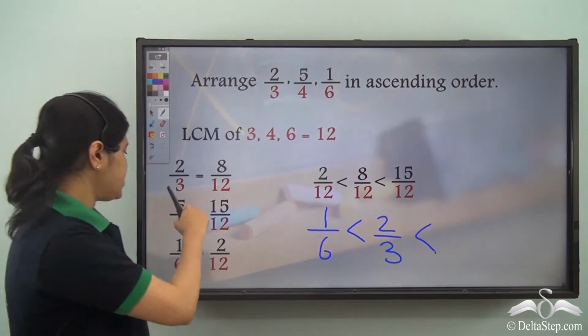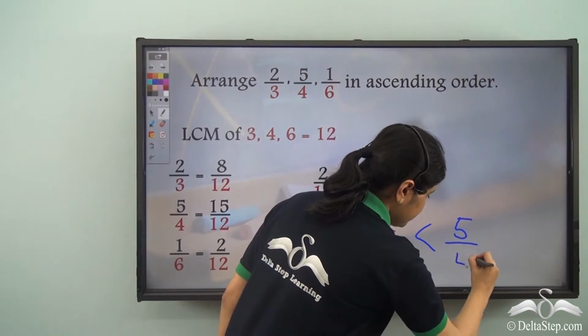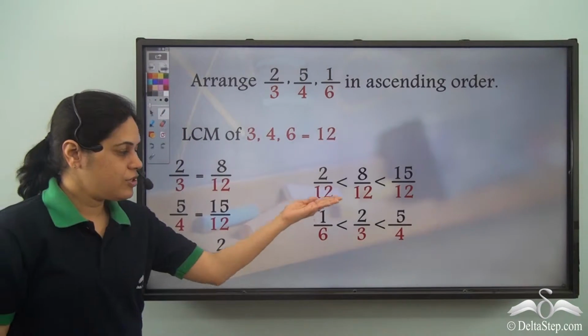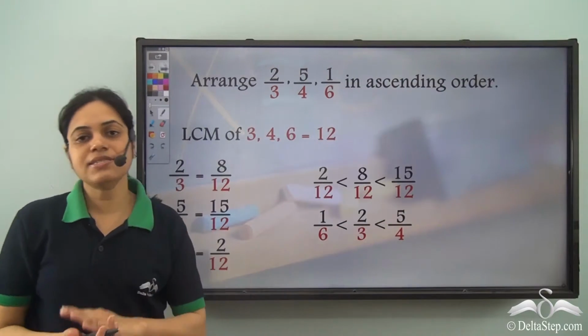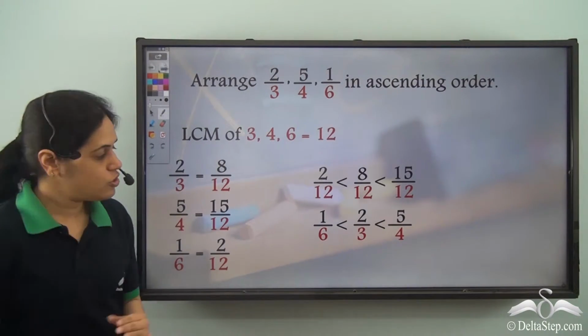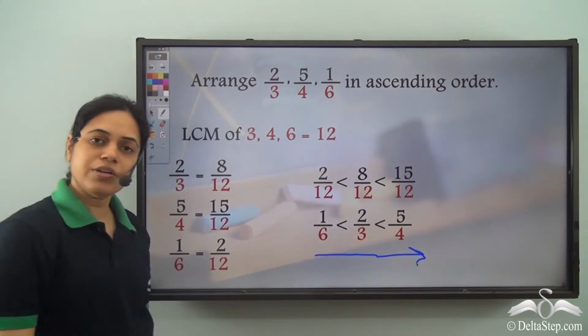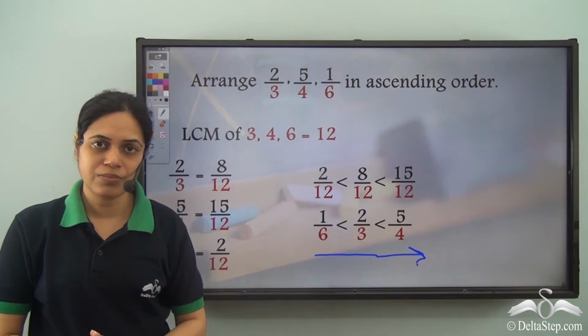And instead of 15 by 12, I can write 5 by 4. So 1 by 6 is less than 2 by 3 and 2 by 3 is less than 5 by 4. So these are the fractions arranged in ascending order, that is from the smallest to the largest fraction.